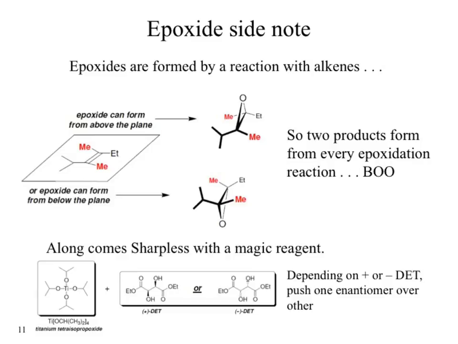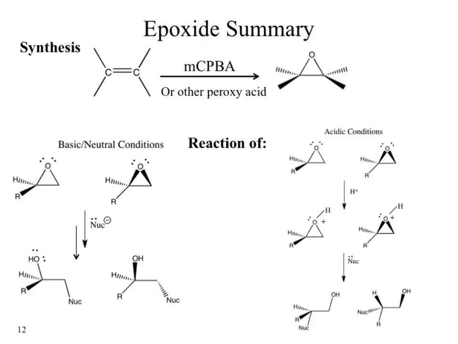When mixed with a titanium structure, and then we run our epoxidation reaction, we end up getting only one of the epoxide enantiomers over the other, depending on which we started with, plus DET or minus DET. So all it's saying is we can force certain things to happen the way we want to. We just have to be very careful with our reagents, which also boosts the price tag. So we never do those in lab. In our labs.